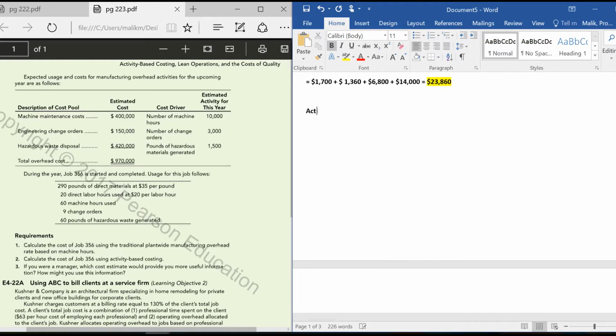First we're going to show activities, and then total estimated costs, and then our estimated allocation base, and then we will figure out our cost allocation rate.